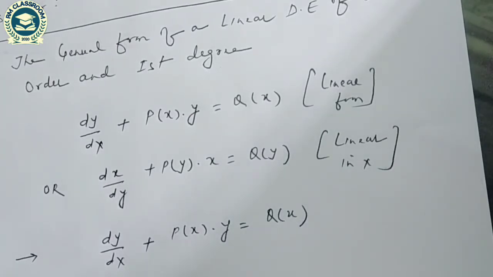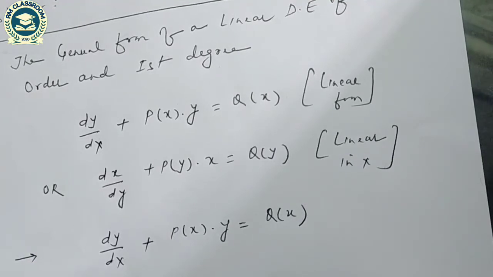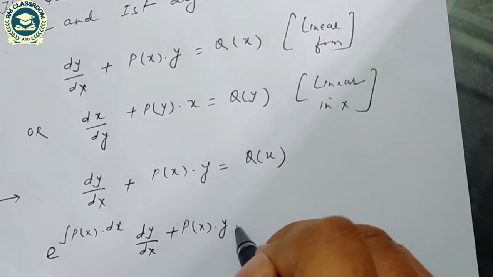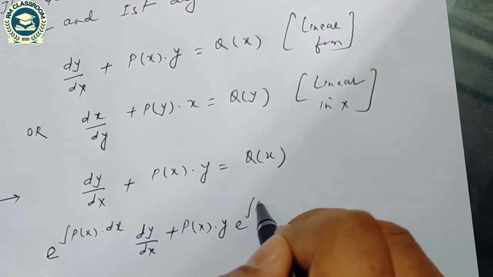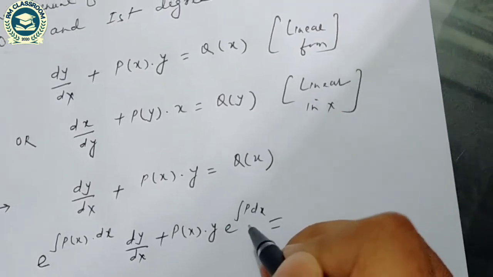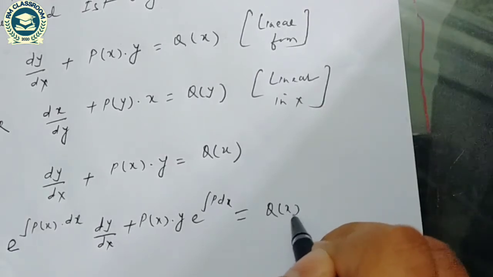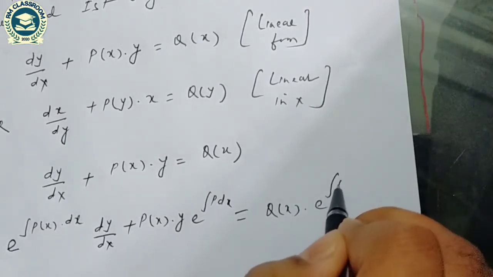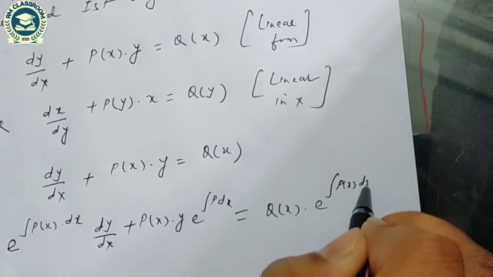If I multiply on both sides by e to the power integral of P(x) dx, we get e to the power integral P dx into dy by dx plus P(x) into y e to the power integral P dx is equal to Q(x) into e to the power integral P(x) dx.